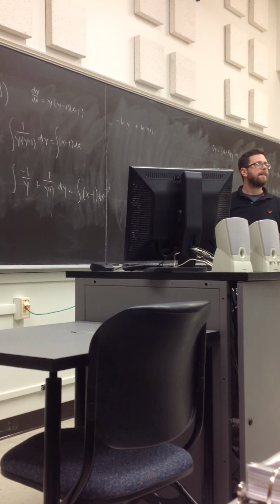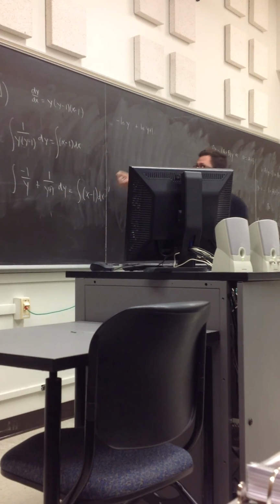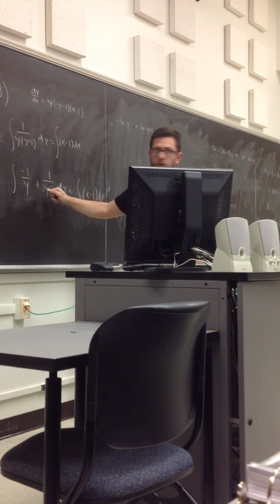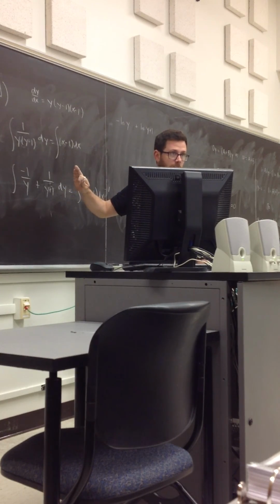If you were to differentiate natural log of y squared plus 1, it would be something different. What we're really using is substitution. I'm saying let u equals y plus one, du equals dy, right? So if the denominator is linear, then you can feel free to do this. You need to be careful: if this were 2y plus one, then you pick up a factor of 1/2. If it's not linear, like y squared plus one, you need to use something entirely different. So be careful with that.